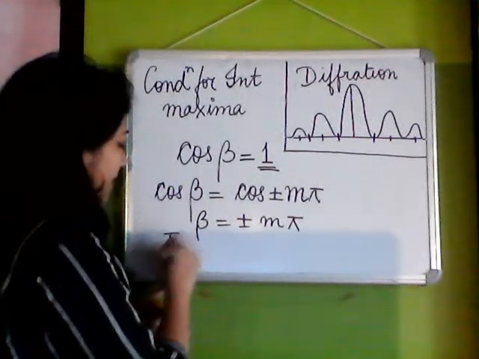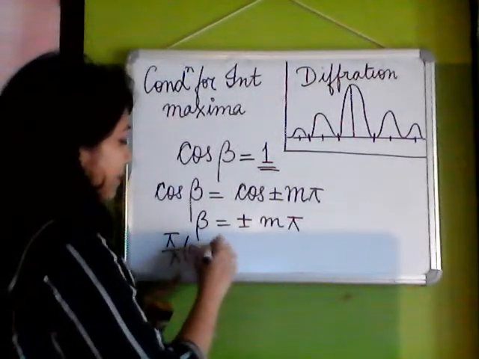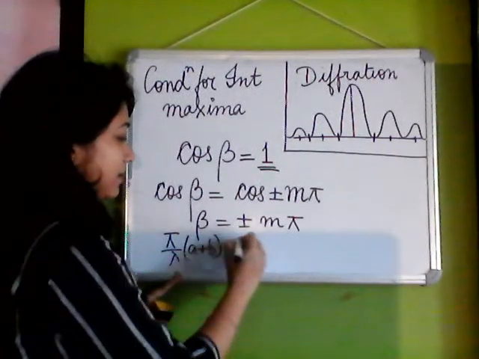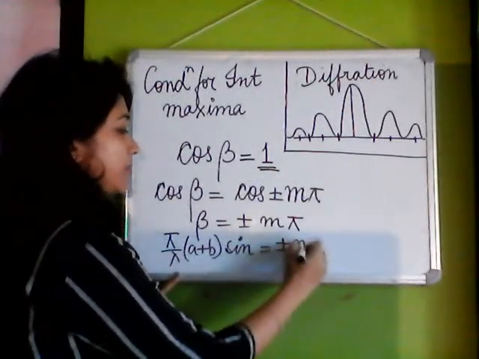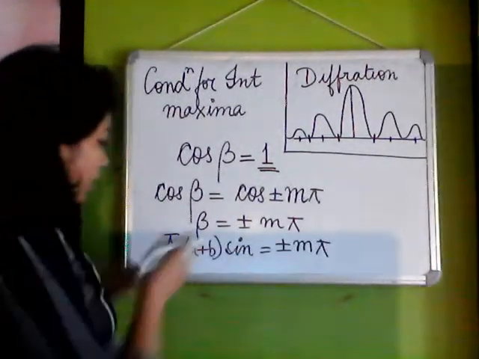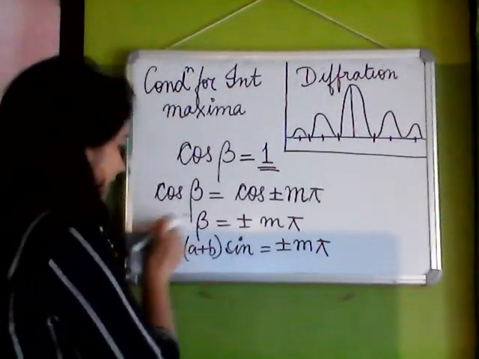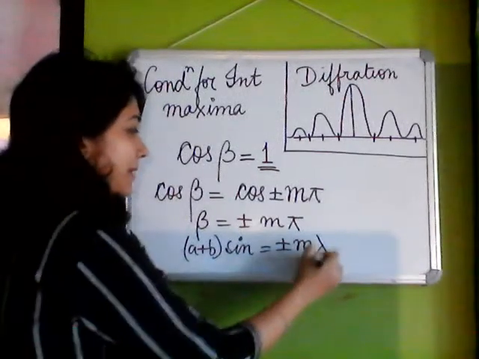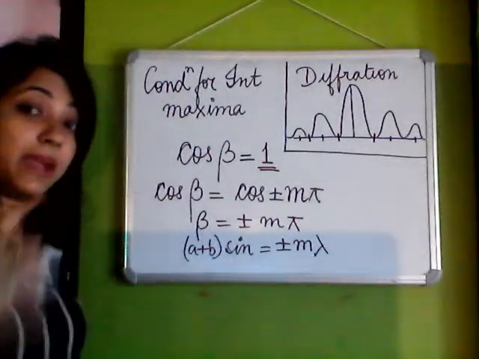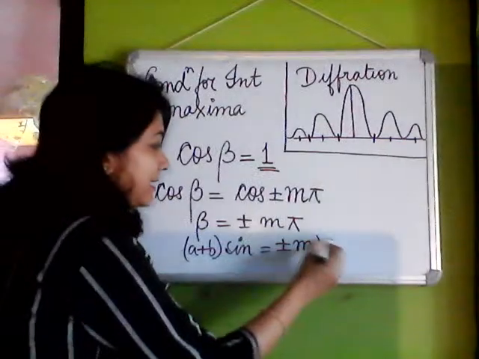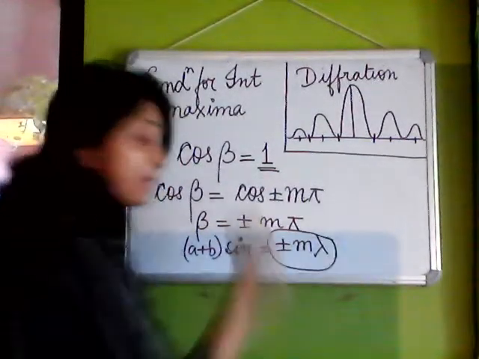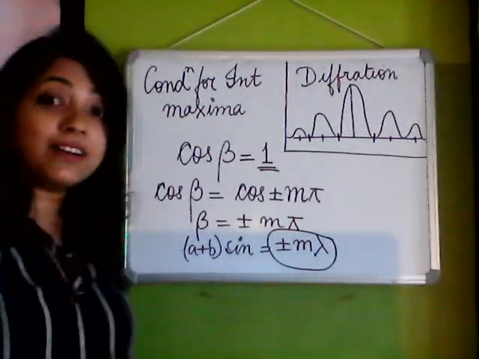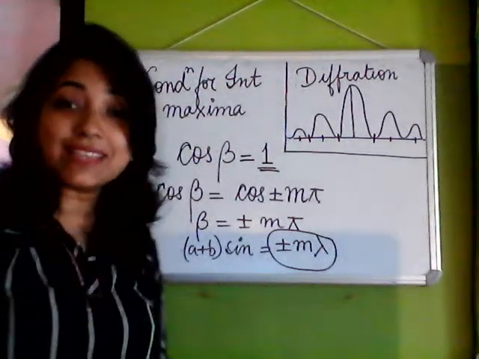Beta was pi by lambda times (a plus b) sine theta, which is now equal to plus minus n pi. So, can I not write from here that (a plus b) sine theta is plus minus n lambda? However, reminding once again, this integral value plus minus n lambda is now the condition for maxima in case of interference, right?